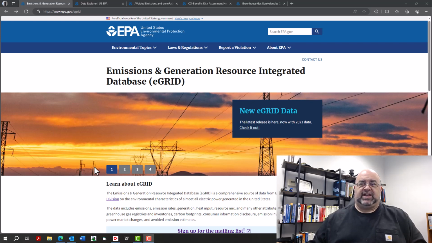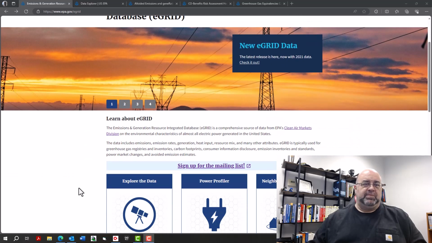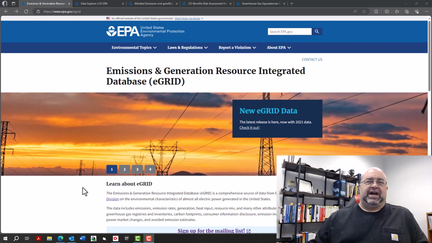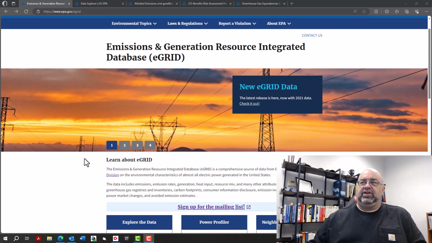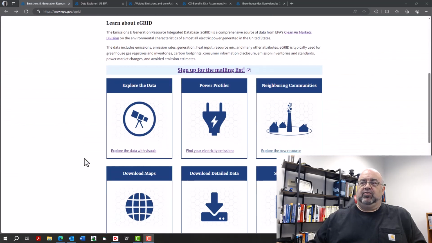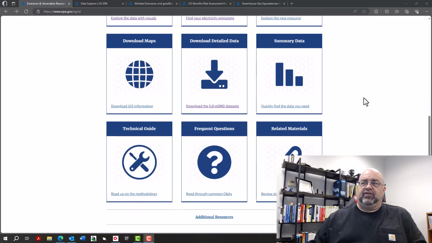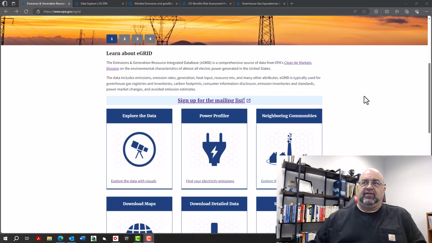If you go in saying we're reducing 1 million pounds by improving a bearing, that's not going to sound as good as, hey, we're going to reduce 10, 15 tons of CO2 by taking care of this particular electric machinery issue. So with eGrid, here we have all of the different information that's readily available.